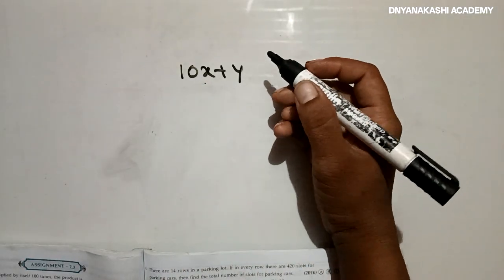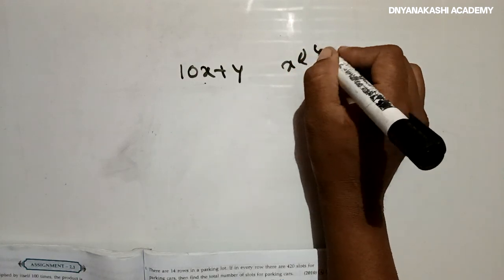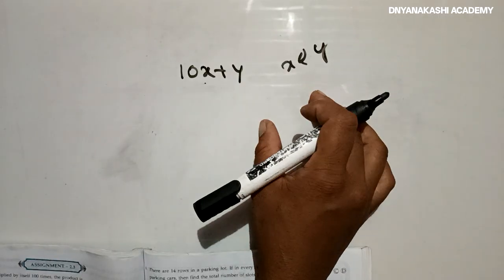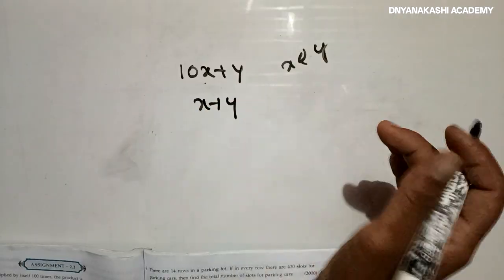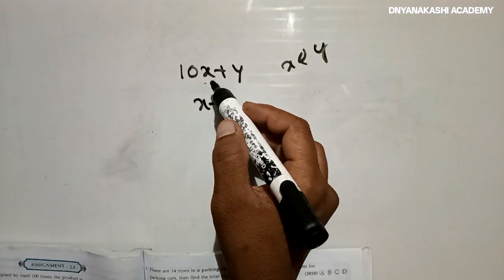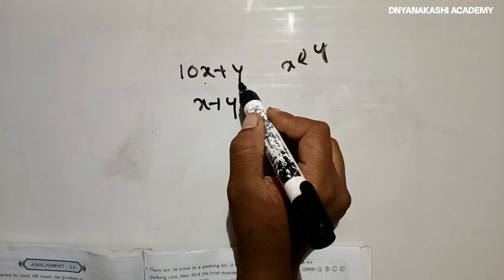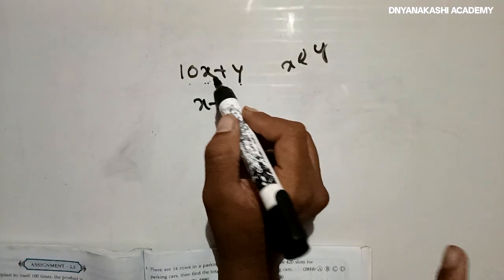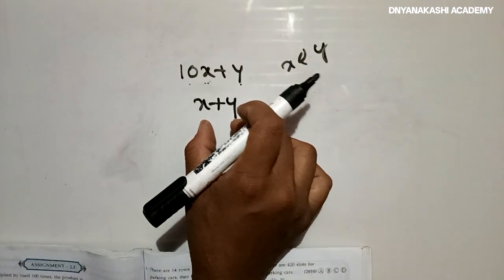Here x and y are the digits, and the sum of the digits means x plus y. I take a two-digit number, so y is in the unit place and x is in the tens place, that's why I write 10x here, and the sum of these two digits is x plus y.